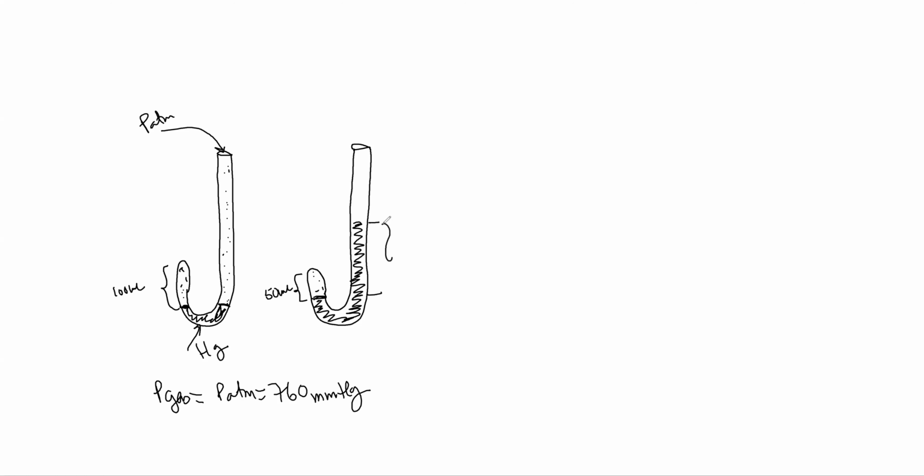So this is 760 millimeters. So in other words, he doubled the pressure again. And so now the pressure for this gas, P gas, is equal to P atmospheric plus 760. That will be just the double.